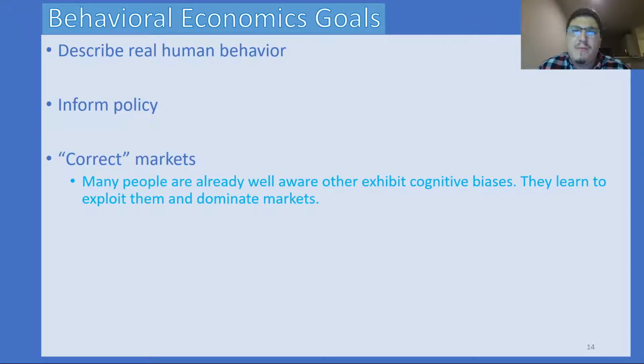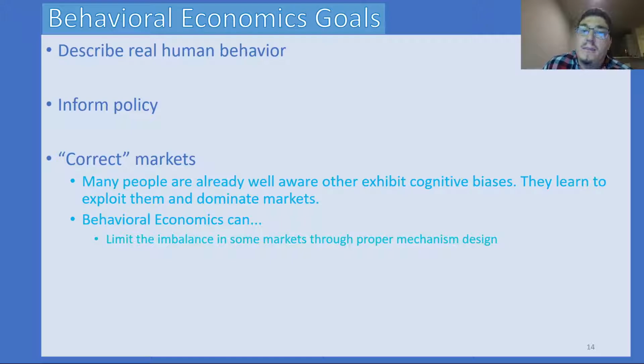In markets, many people are already aware that others and themselves exhibit cognitive biases, and they learn to exploit them and dominate markets. They learn to do really well exploiting others' cognitive biases. So with behavioral economics, you can limit this imbalance in markets through proper mechanism design. You can design a market so that even if someone's cognitive biases make them non-rational, deviating from rational behavior, they're still able to get a fair chance in a market compared to someone that is rational.